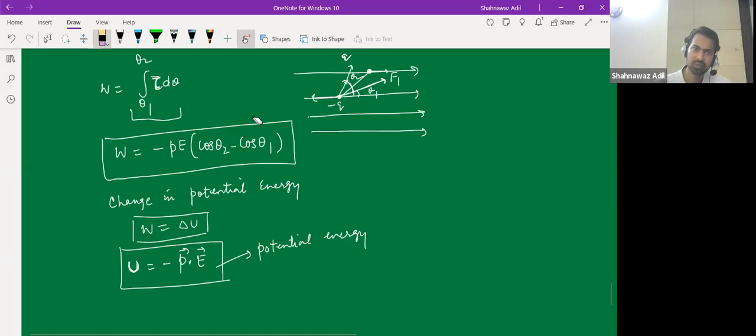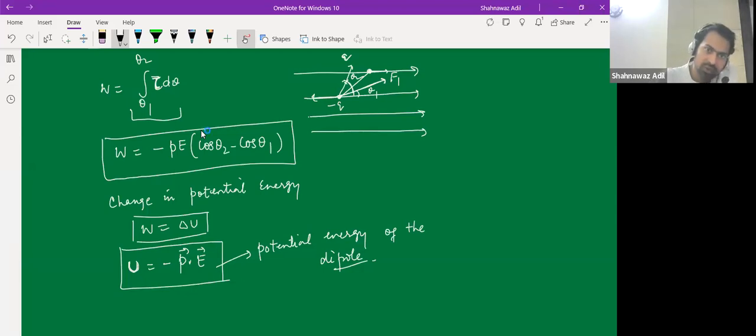This will be sin theta, right? Sin theta, potential energy of the dipole. Okay, so this is right. Tau is what? How can we define tau? Rotational force, torque.